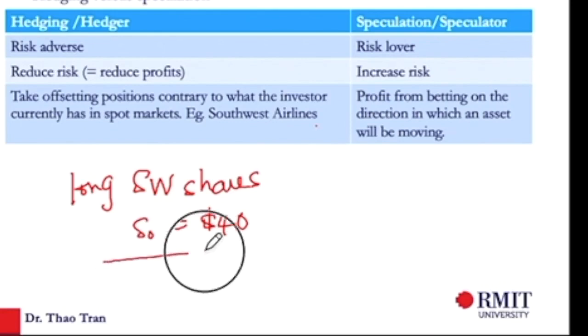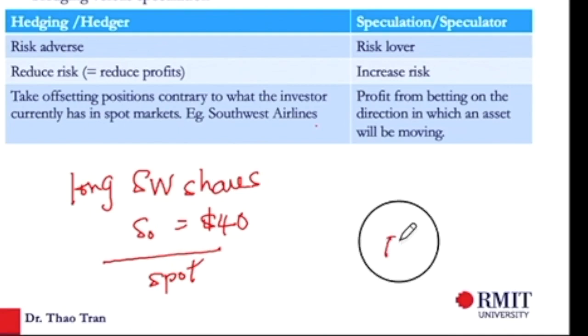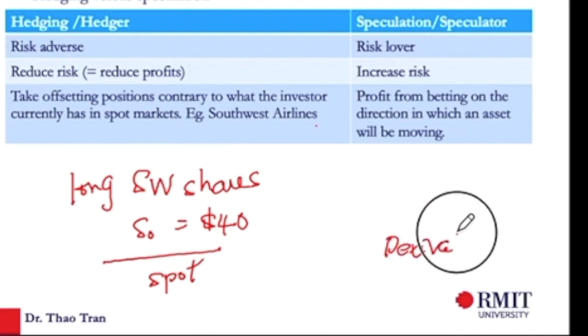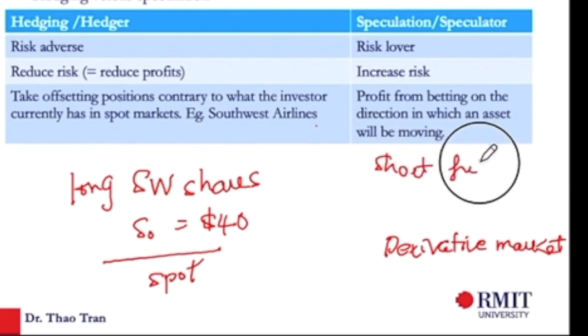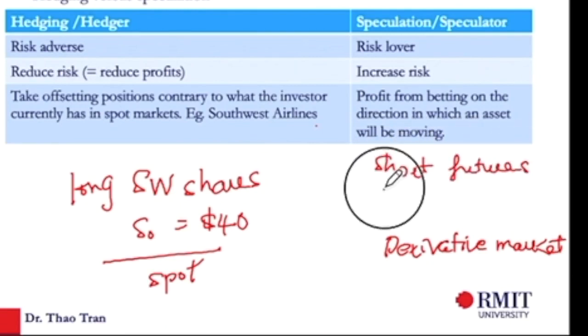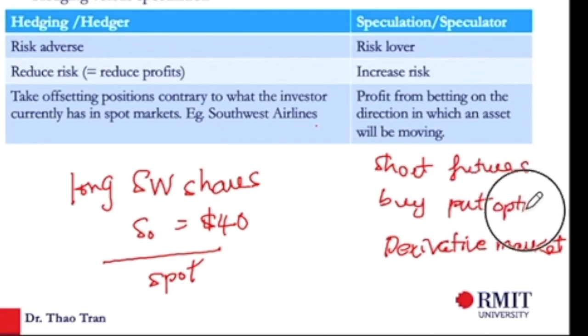This is the position in the spot market. Then in the derivative market, you can take the opposite position. You have two options: you can short the futures contract, or you can buy a put option. Let's say we buy the put option.